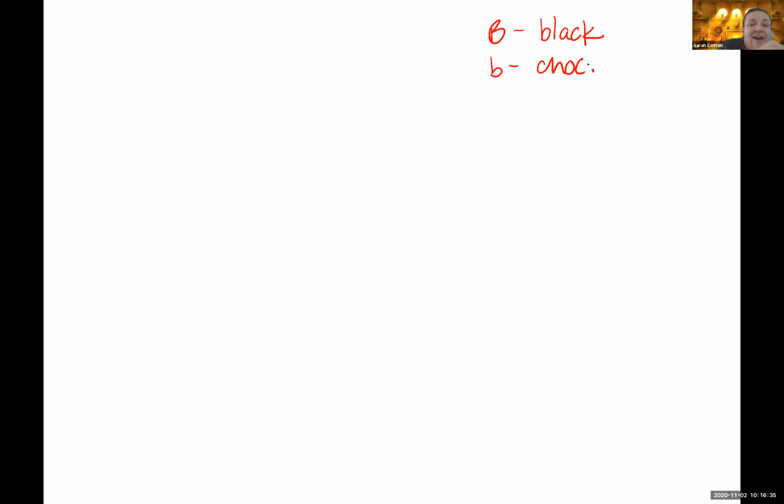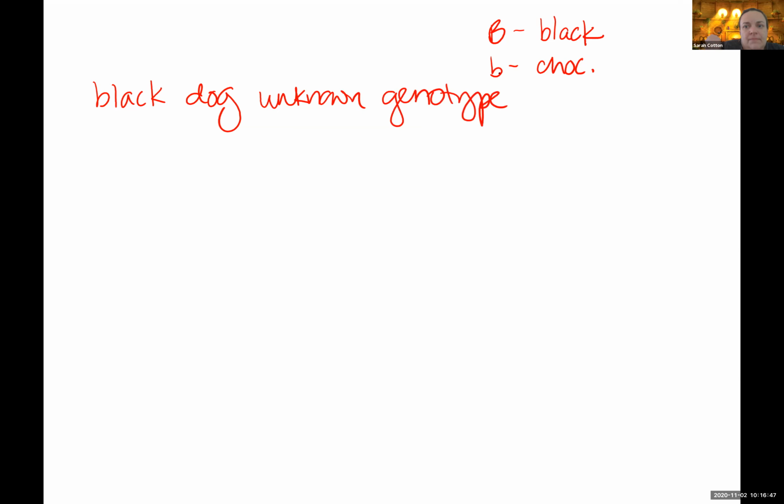And I know we have a black dog of unknown genotype. Her phenotype is known, right? Because remember, phenotype is what you see. So we can see she's black, okay? Unknown genotype.